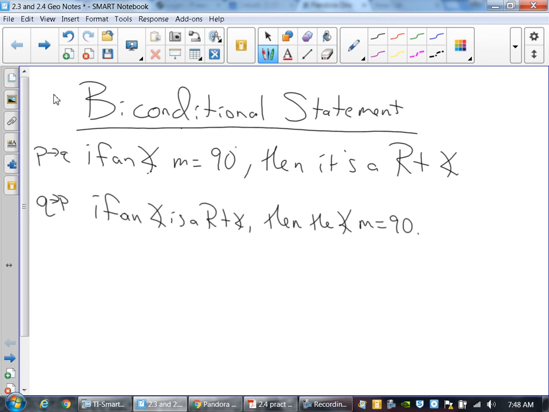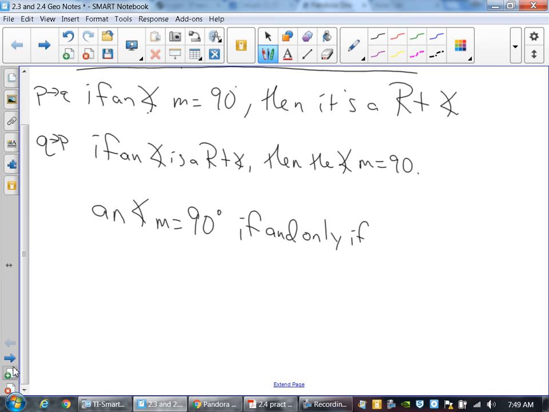It will look like this: an angle measures 90 degrees if and only if. We don't like to write out all of "if and only if" because that's too many words. Remember what we used? "Iff." That just stands for if and only if.